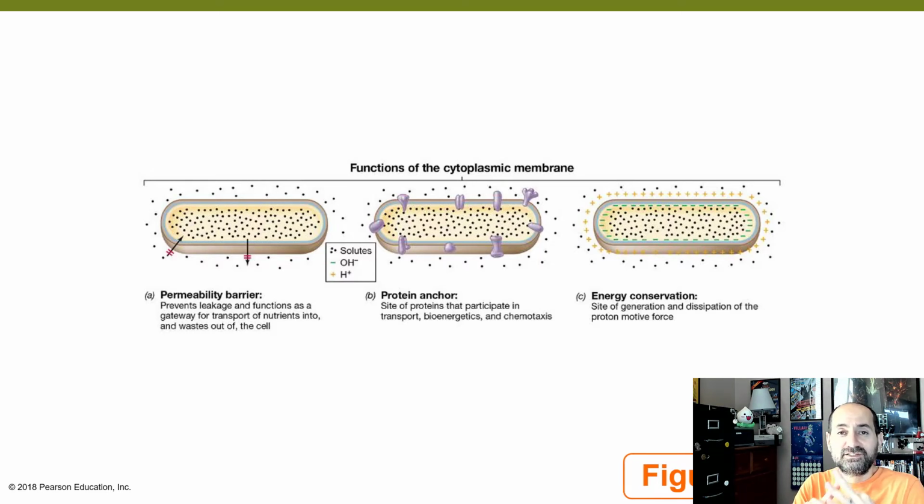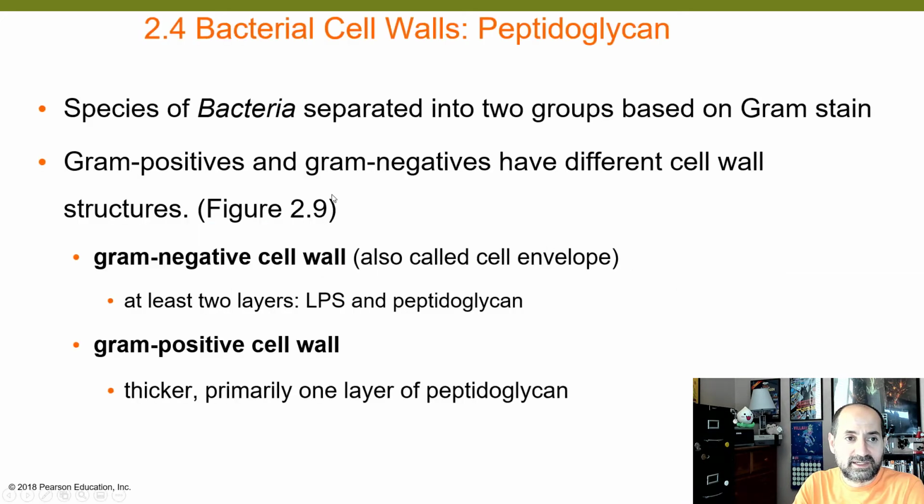So bacterial cells are neat because they can use this proton gradient that they make to do lots of work, in order to do cool things like propel themselves or make ATP, right? So they're really versatile in that way.